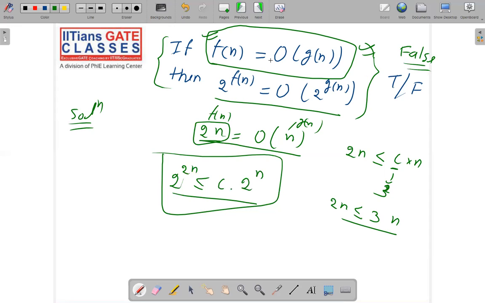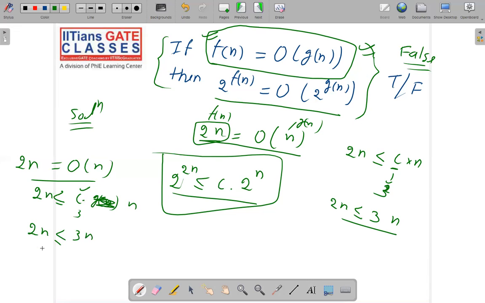It is saying that if Fn is equal to order of Gn, then 2 raised to power Fn is also equal to order of 2 raised to power Gn. We have taken an example where 2n is equal to order of n, where 2n is less than or equal to c times n, and here we can put the value of c as 3. So 2n is less than or equal to 3n. Now let's put this into the power of 2.